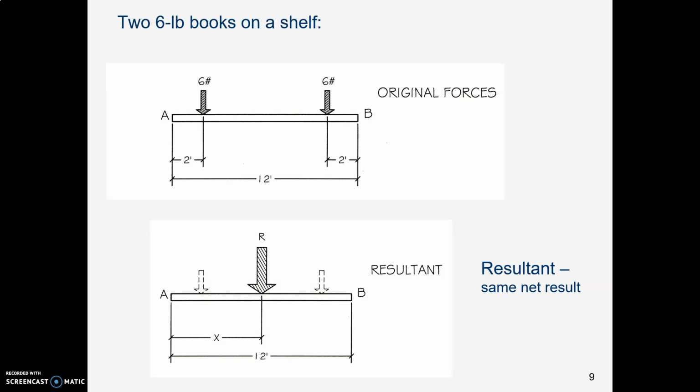So here's another example, just different numbers. 2 6-pound books, and they're each the same distance from the end of the shelf. There's the resultant at the bottom of this slide, the one force that has the same net result as those 2 books. How big is that resultant? And where is that resultant?